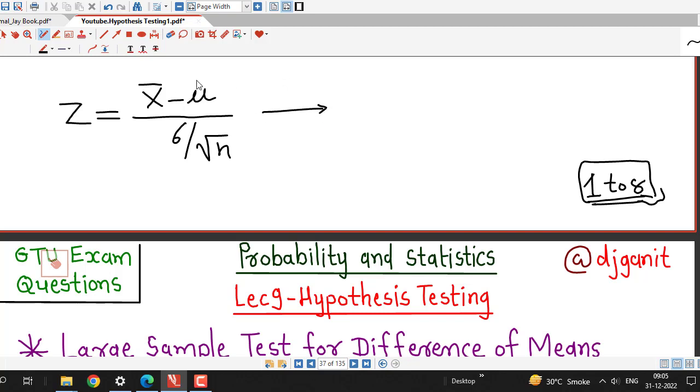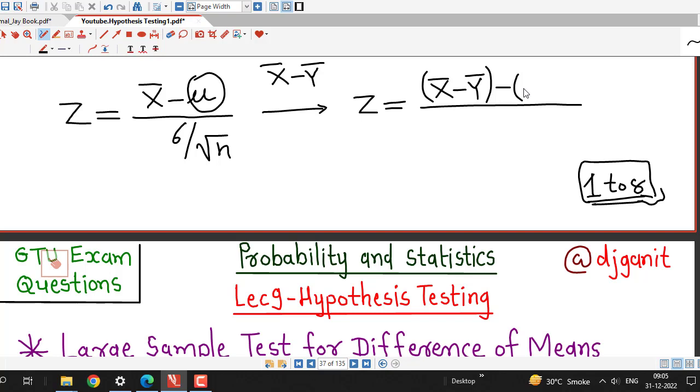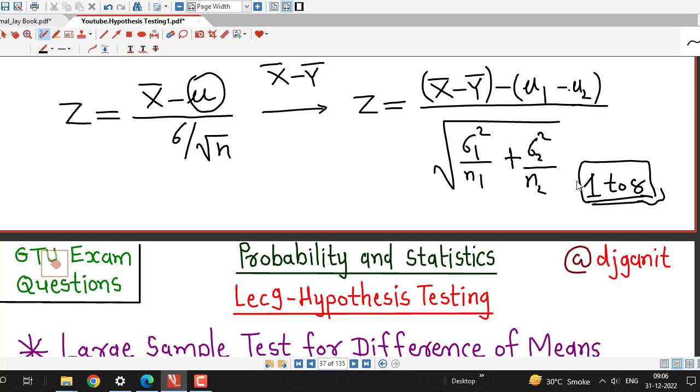And instead of sampling distribution of x bar, if we are considering sampling distribution of x bar minus y bar, that is if we want to compare two population means using two sample means, then corresponding Z statistic is Z equal to x bar minus y bar minus, instead of mu we have to consider difference between two population means, divided by square root of sigma 1 square over n1 plus sigma 2 square over n2.